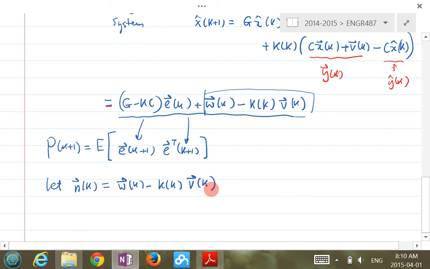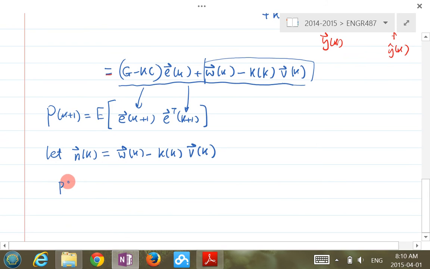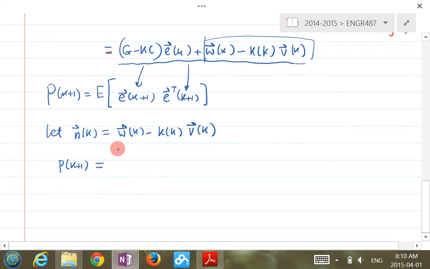Then if you do the substitution here, and you do the transpose, and you do the multiplication, and you expand things out, we get our P of k plus 1 now, this quantity equal to this one here.